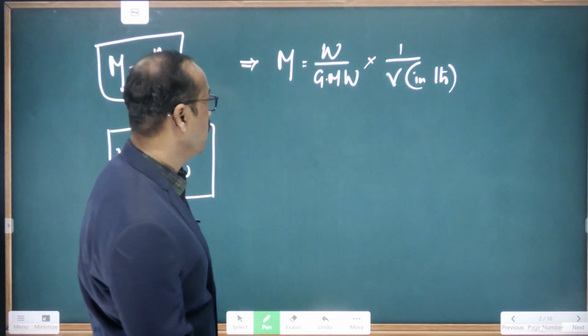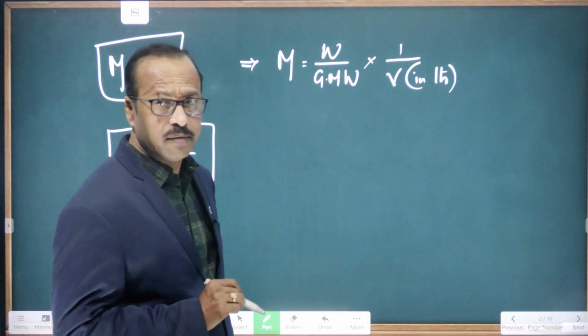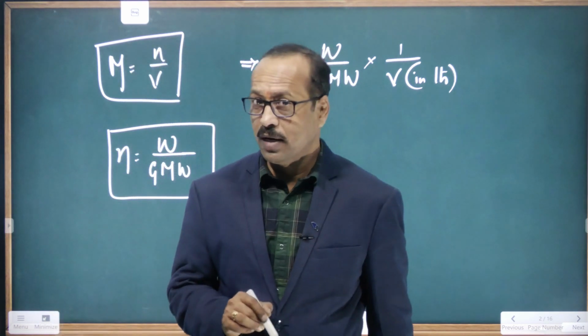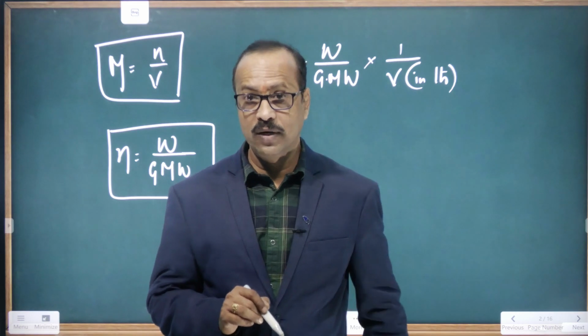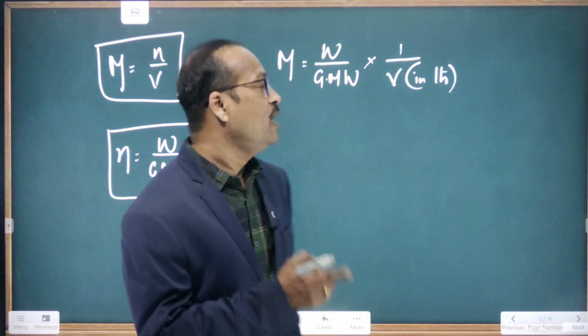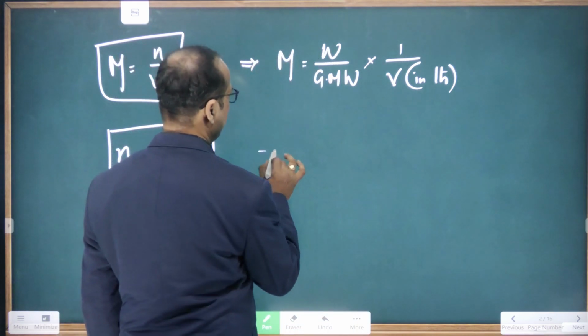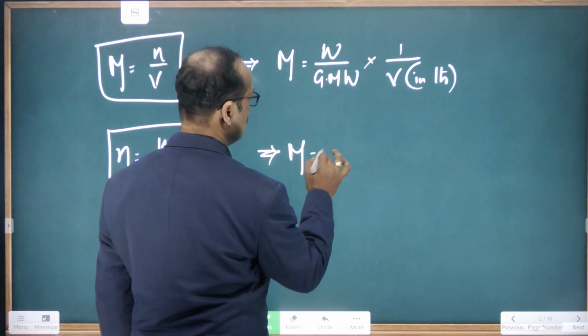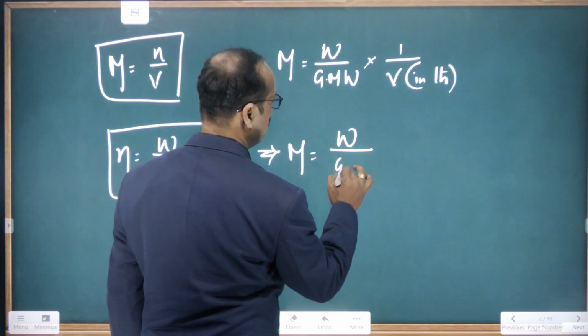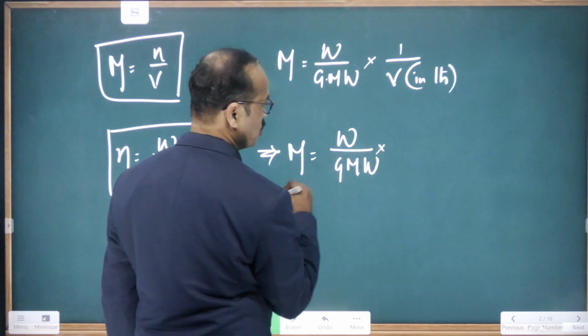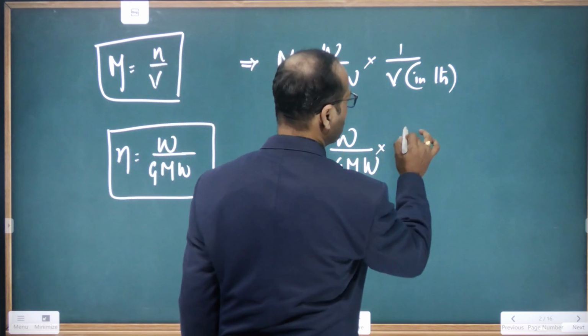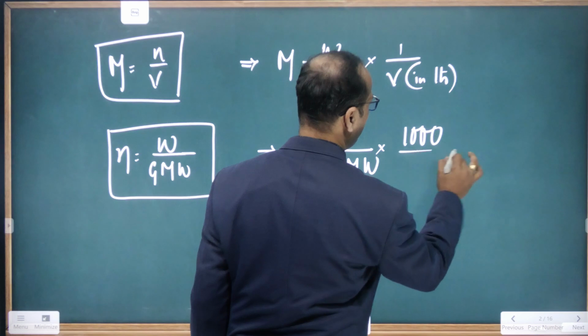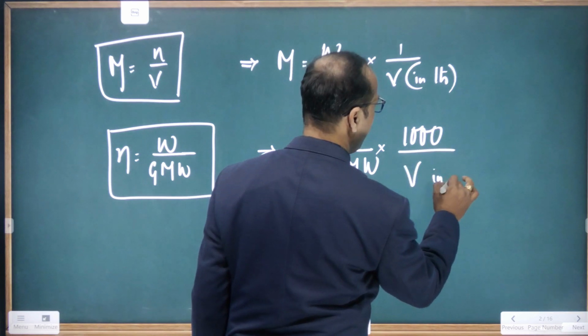But you know that 1 liter is equal to 1000 ml. Yes or no? If I write the same thing in another form, then M is equal to weight of solute by gram molecular weight of solute into 1000 by volume in ml.